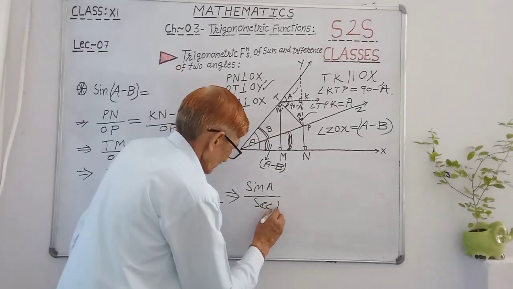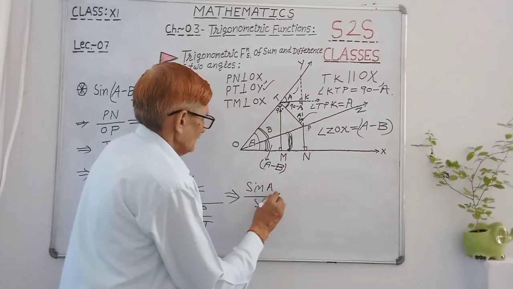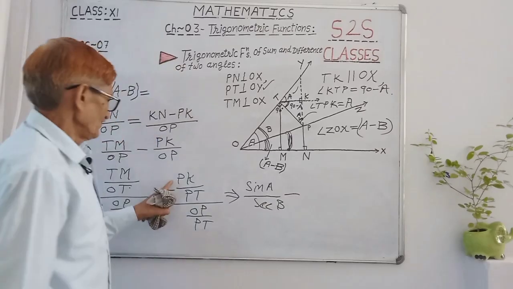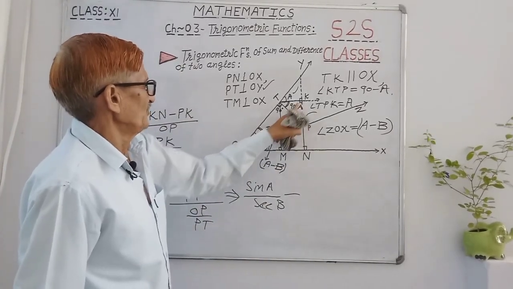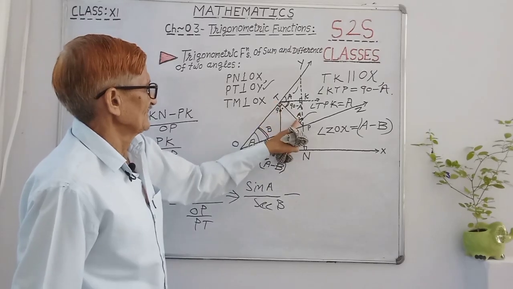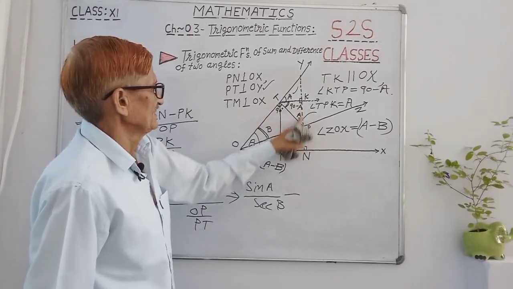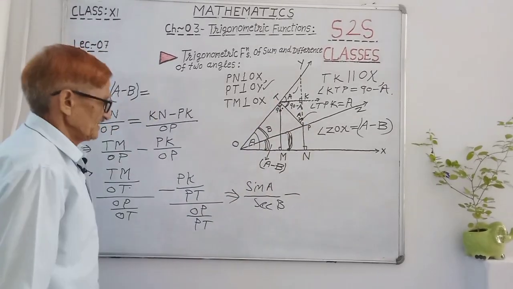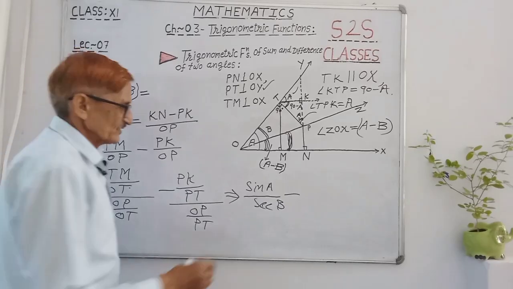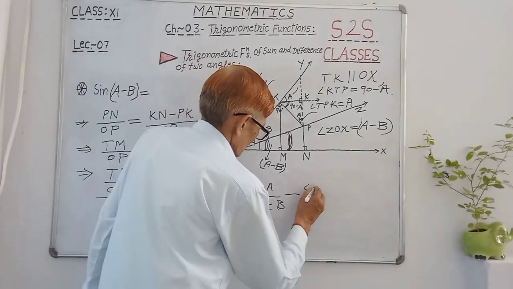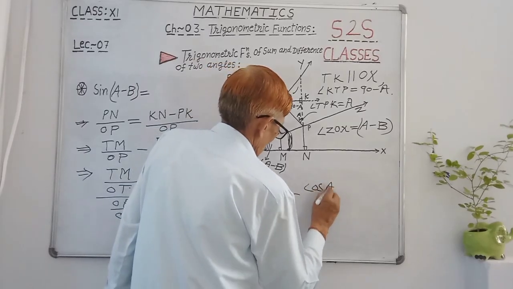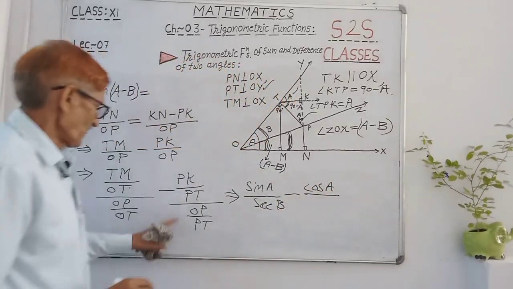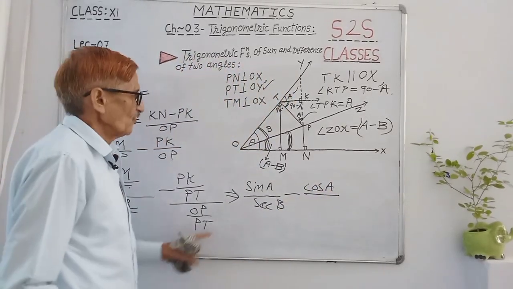So sec B. Minus PK upon PT with angle A: PK is the adjacent side upon hypotenuse, so cos A, divided by OP upon PT.